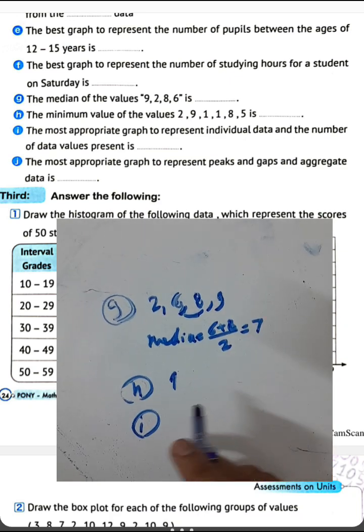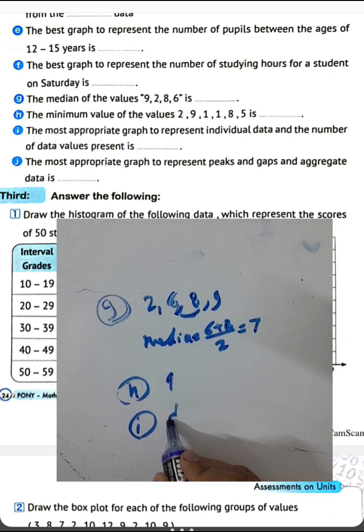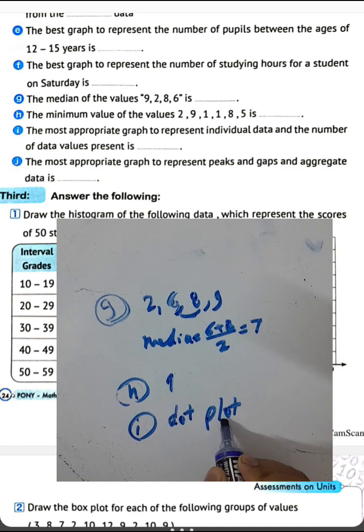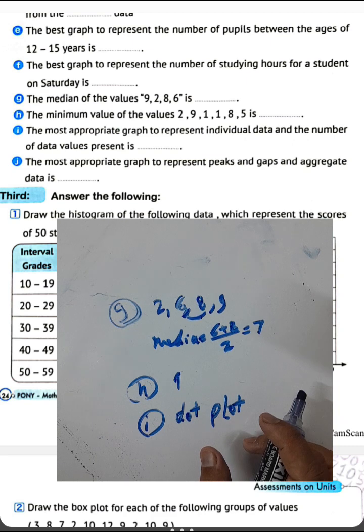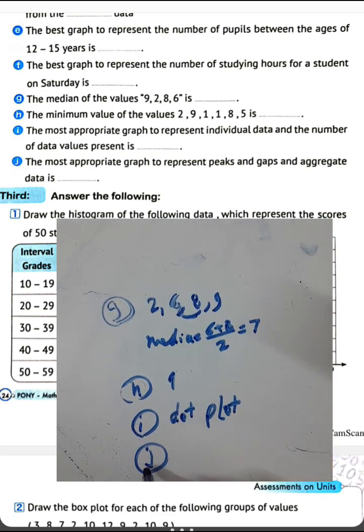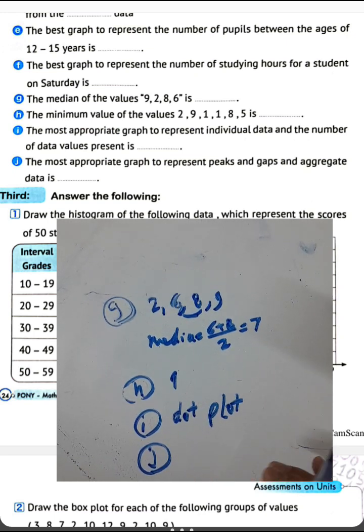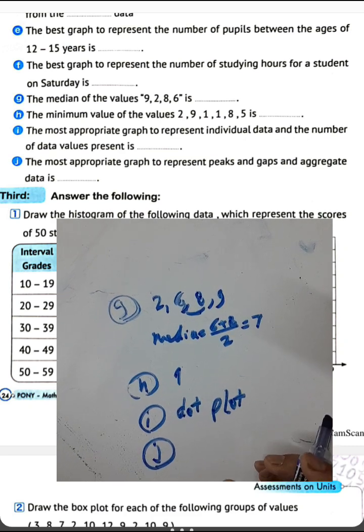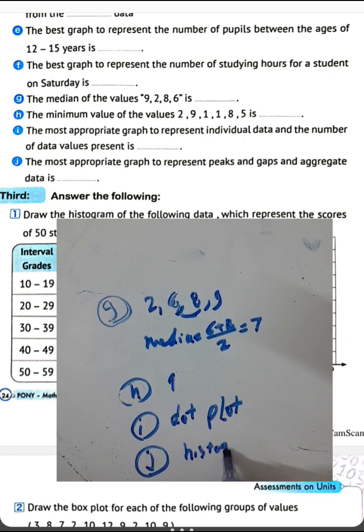Okay, again letter E. The most appropriate graph to represent individual data and the number of data values present will be a dot plot. Letter J, the most appropriate graph to represent peaks and gaps and aggregated data will be a histogram.